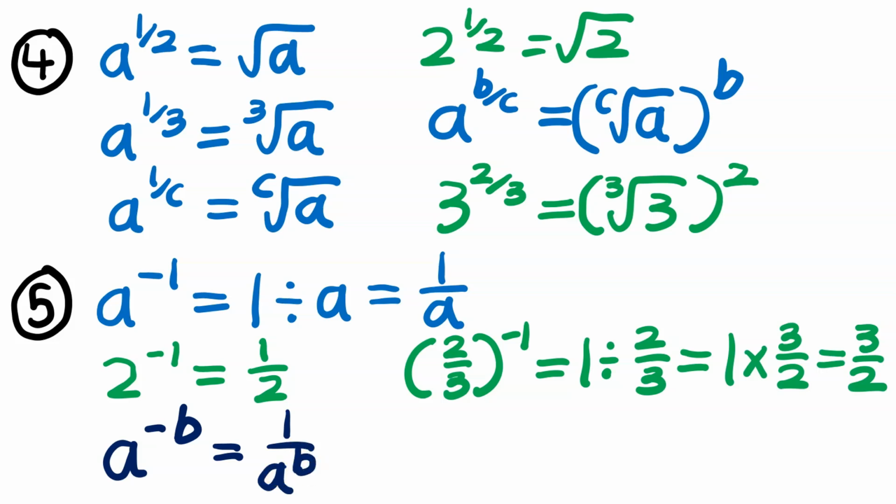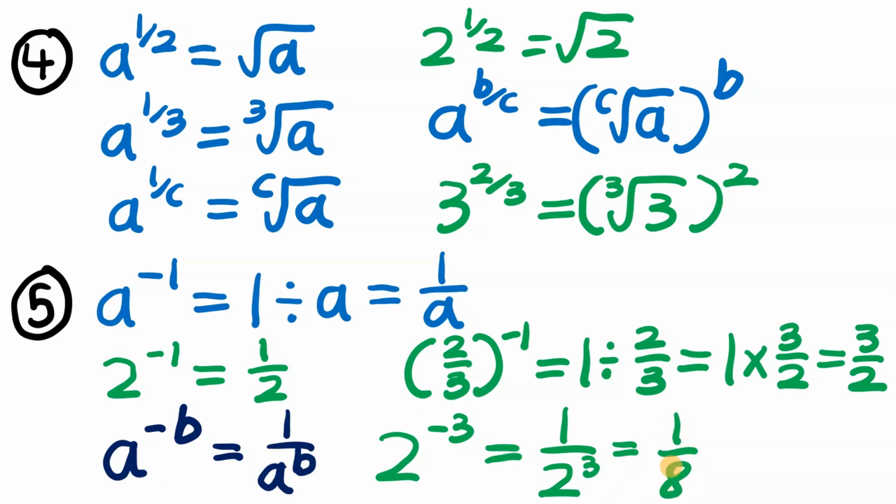So for example, let's say that we had 2 to the power of minus 3. So we have this minus here, so it's going to be 1 over this 2, and then we have this 3 here, so this is going to be 2 to the power of 3, and 2 to the power of 3 is 8, so this is 1 over 8. So 2 to the power of minus 3 is equal to 1 over 8.